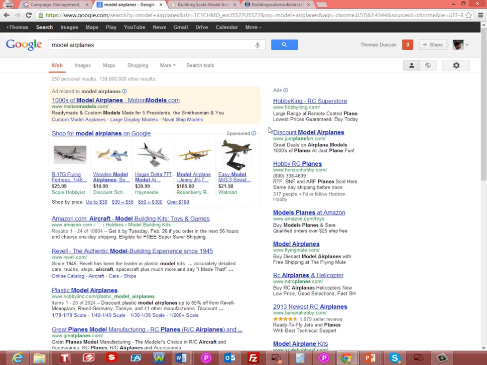They have to pay every time someone clicks these ads. So what you are trying to do when you appear in search is determine if people are typing in the search for model airplanes, and if it's cost effective for you to put an ad here and have someone click it.